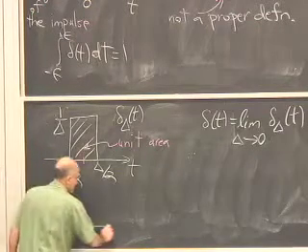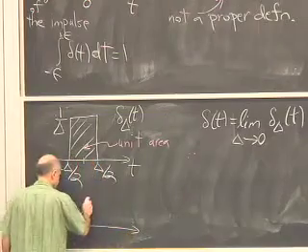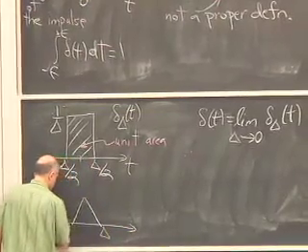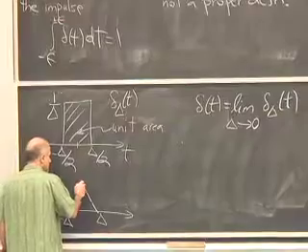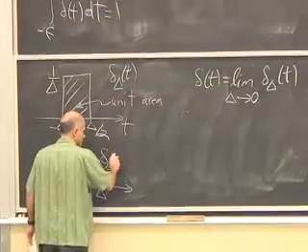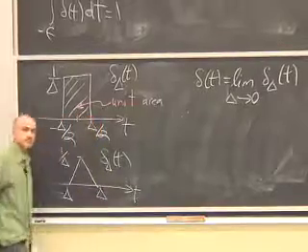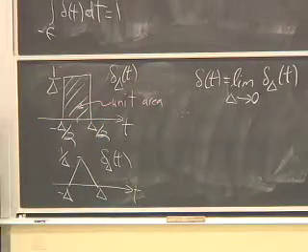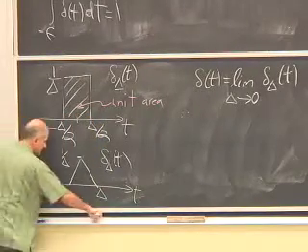I can also define it in this way. A triangle from minus delta to delta of height 1 over delta. All right? This has unit area.